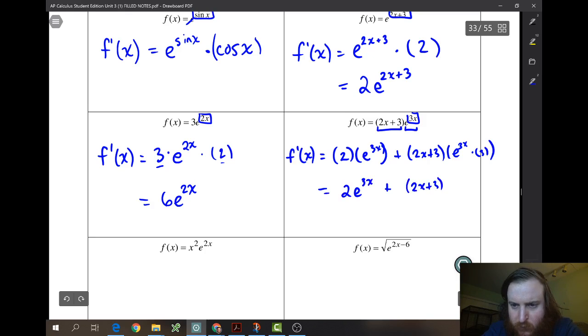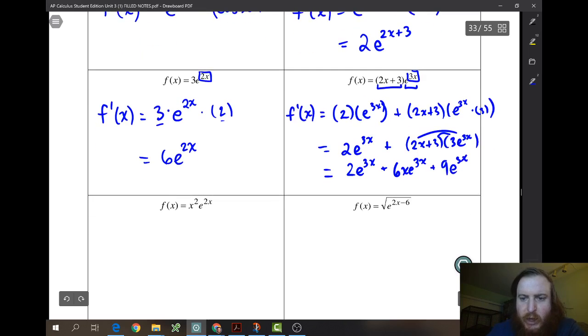2x plus 3 times 3e to the 3x, and we'll distribute this. So we get 2e to the 3x plus 2x times 3 is 6x, plus 6x e to the 3x, plus 3 times 3 is 9 e to the 3x. And so we can add like terms.